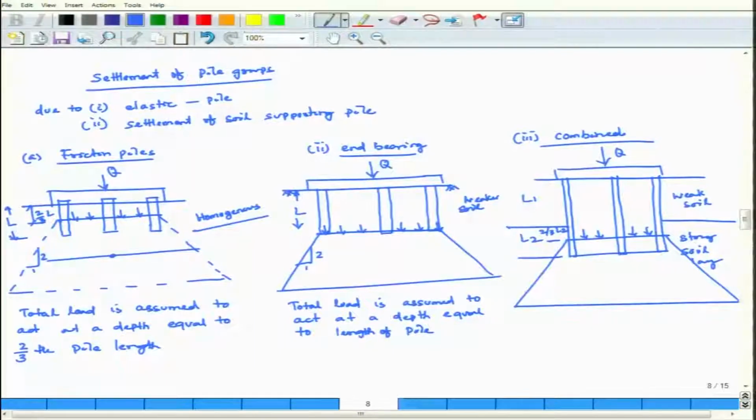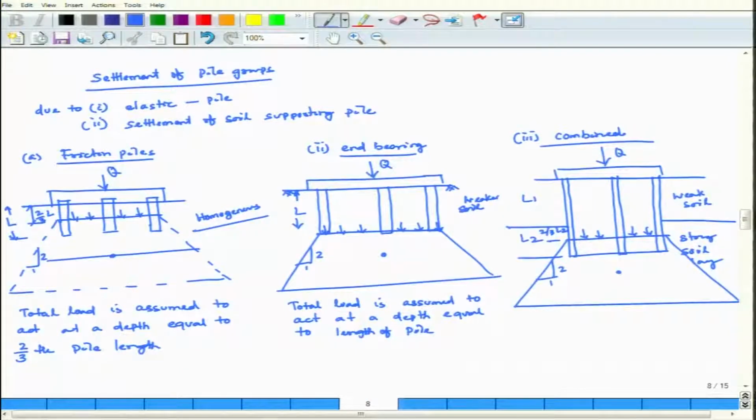In L2, total load will be assumed to act at a depth of 2/3 of L2. From there, you have to go by 2:1 distribution and find out your increase in load at the center. Then from there you calculate your settlement of the pile groups.